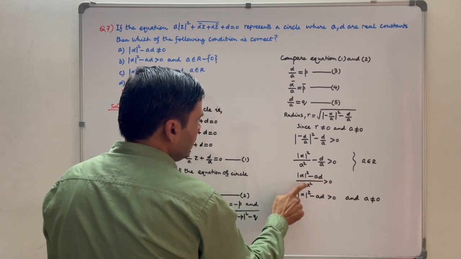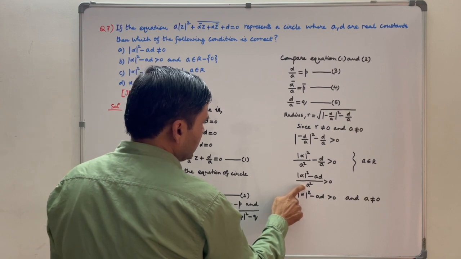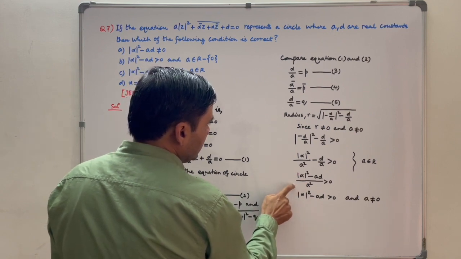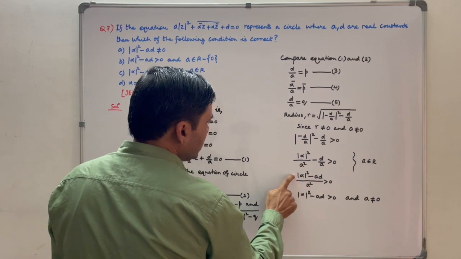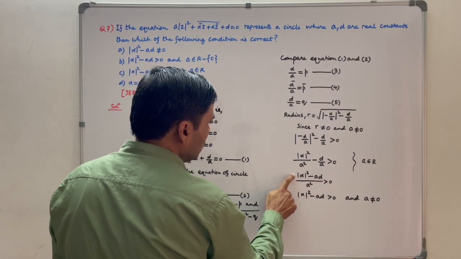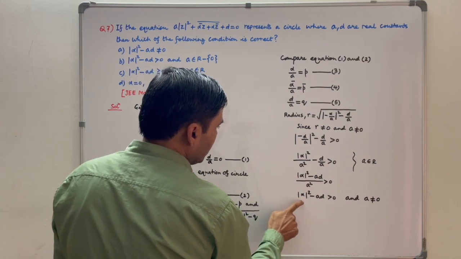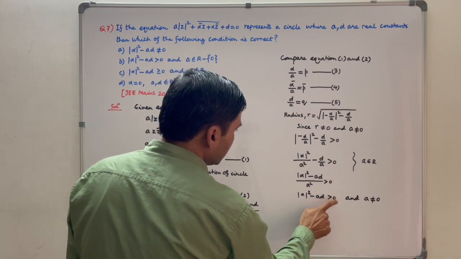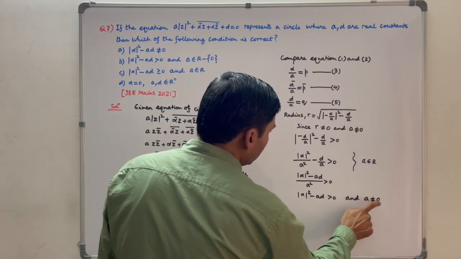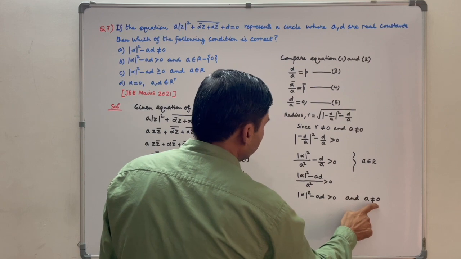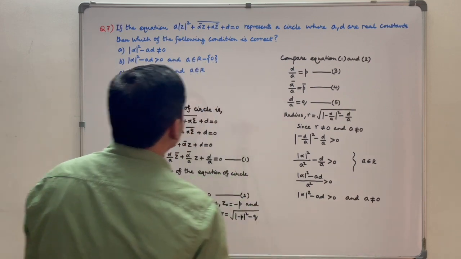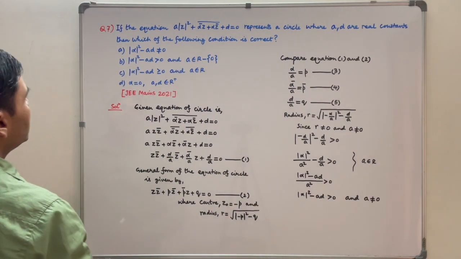If A is real, A² is always positive. So for this inequality to be greater than 0, the numerator should also be greater than 0. So the condition is |α|² − Ad is greater than 0 and A is not equal to 0. Also A is real. So the correct option is option B.